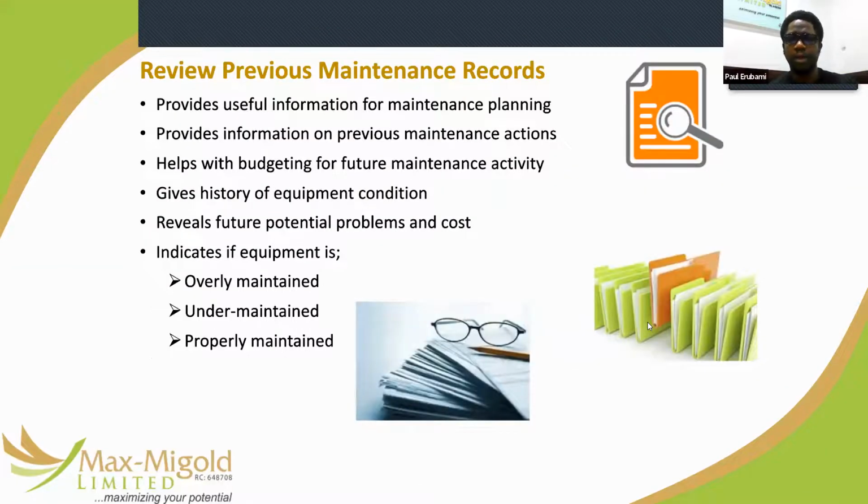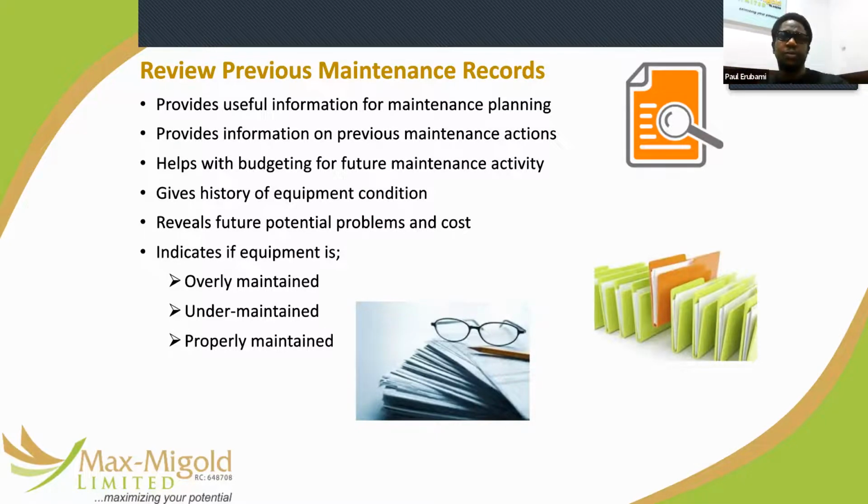For you to be able to effectively manage a site, or a category or portfolio of assets, you need to not only get information on how the assets are that you came to take over. That's the condition assessment you've just done.